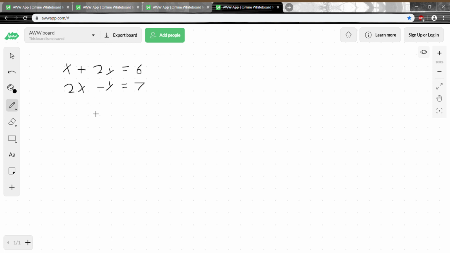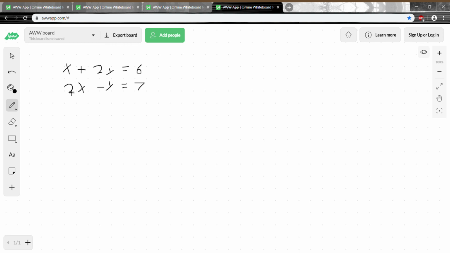Now you should have learned that in order to solve this, we want to make one of these terms similar, because we want to make one of them go away, right? Now, if we were to take 2y minus y, that would leave us with 1y.